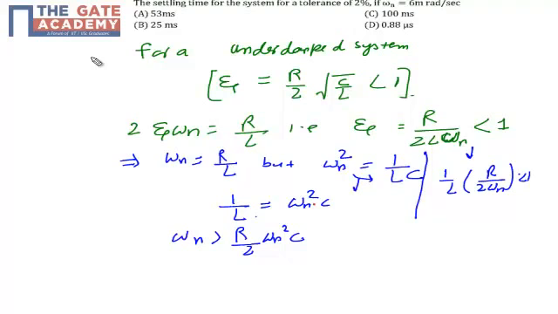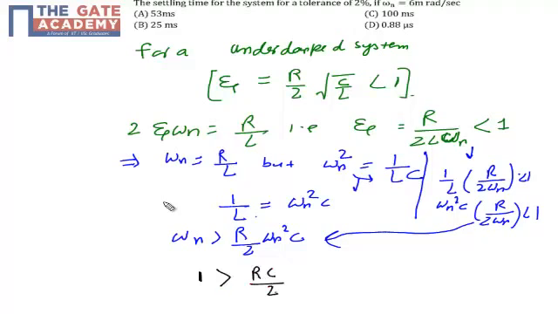So in place of 1 by L, if you put omega n square C times R by 2 omega n less than 1, and if you shift the omega n to this side, you will get omega n is greater than R by 2 times omega n squared C. If you again rearrange this expression, it will be 1 is greater than RC by 2 omega n, or you can rewrite this as 2 by RC is greater than omega n, or omega n is less than 2 by RC.